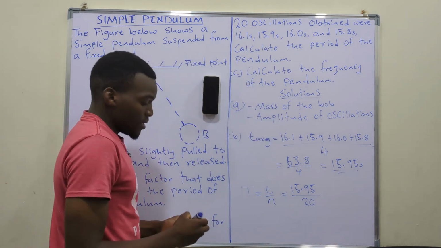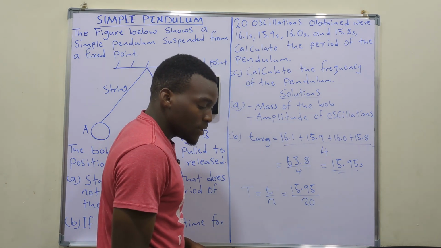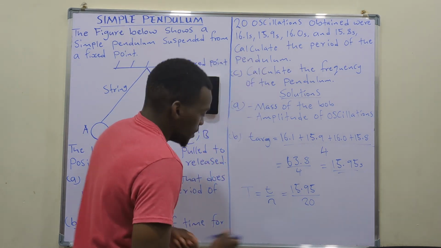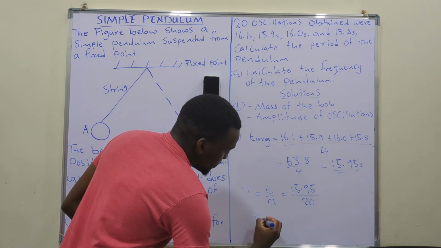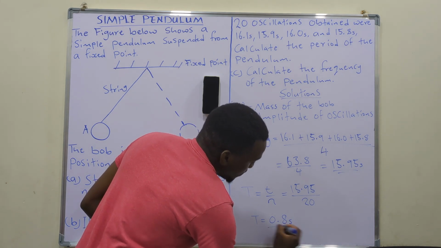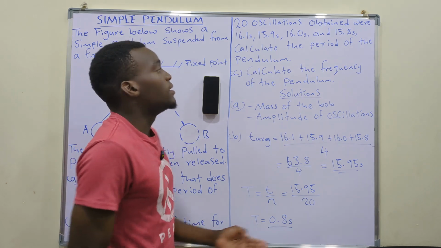So when we divide 15.95 by 20, we get the period of the pendulum equal to 0.8 seconds. So 0.8 seconds is the period of the pendulum.